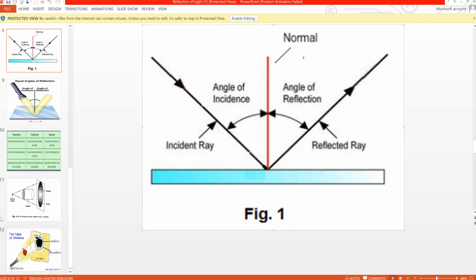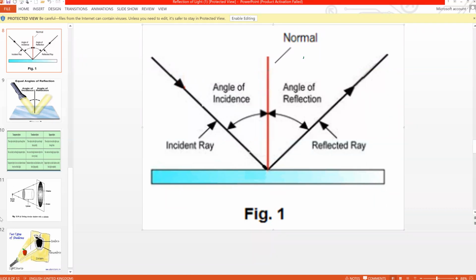The way the incident ray is there, the same way the reflected ray will be there. There are regular patterns of reflection. The angle of incidence is equal to the angle of reflection, and there is no zigzag or any ups and downs in the reflected ray. This is called regular reflection.